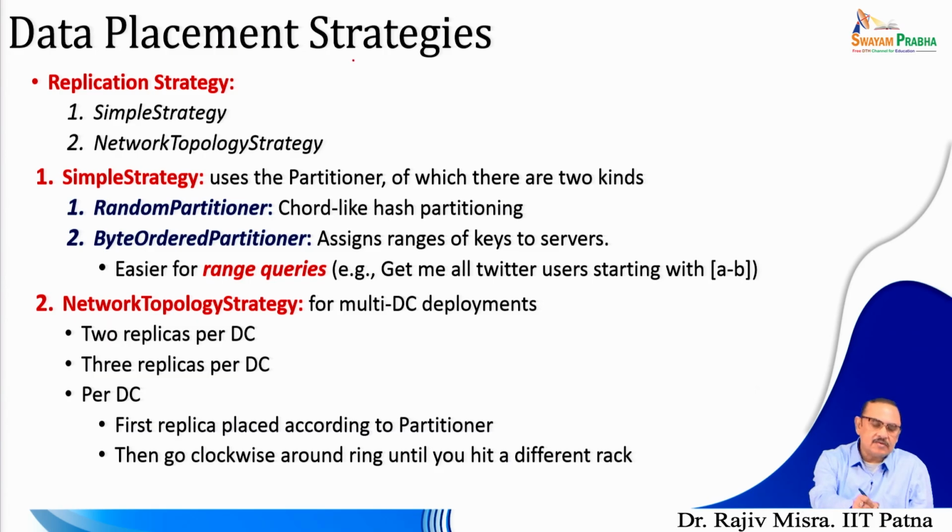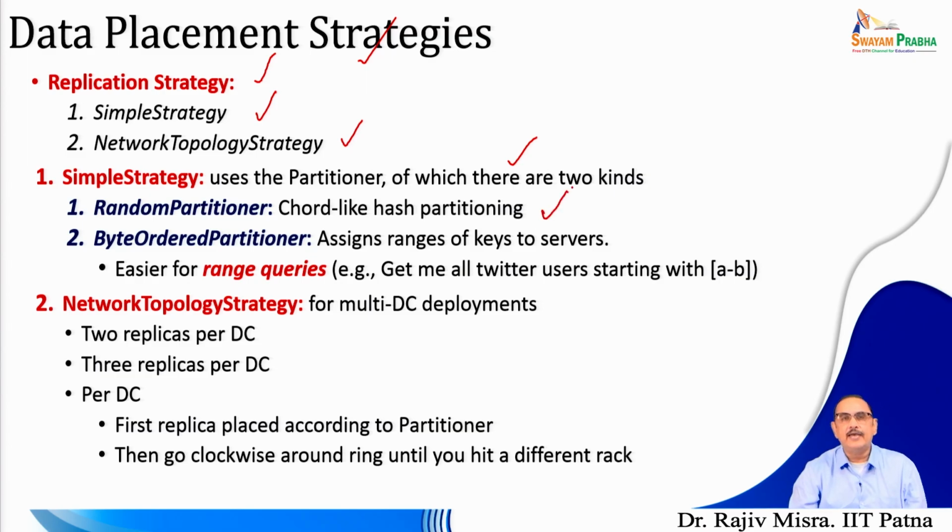Now, once the server is identified using key to server mapping, there are two important strategies which need to be decided, that is, how the replication is to be done. There are two ways to do the replication in Cassandra: simple strategy and network topology strategy. Simple strategy uses the partitioner, of which there are two types. One is called the random partitioner, which is like hash partitioning.